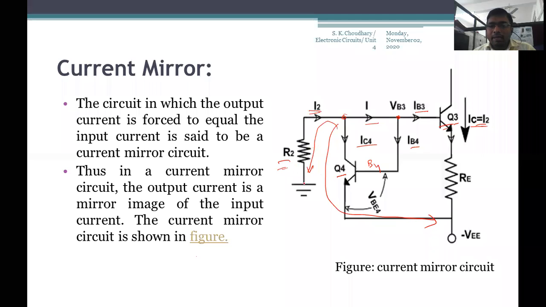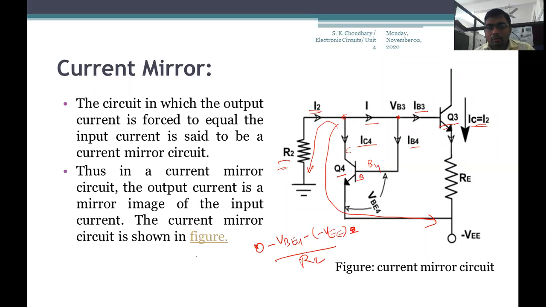You can apply it here starting from 0. This is the ground, 0, minus, come to this end, because base and collector are shorted. So VBE4 is the same as VCE4, actually both are shorted here. So it is minus VBE4 minus VEE upon R2.